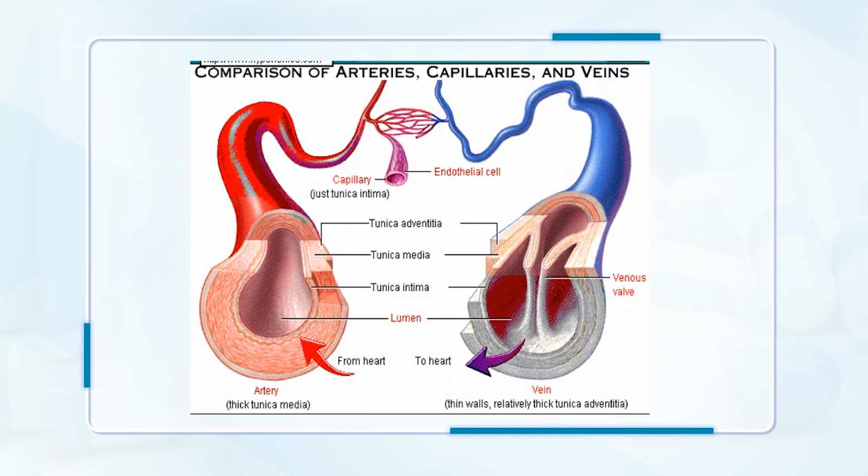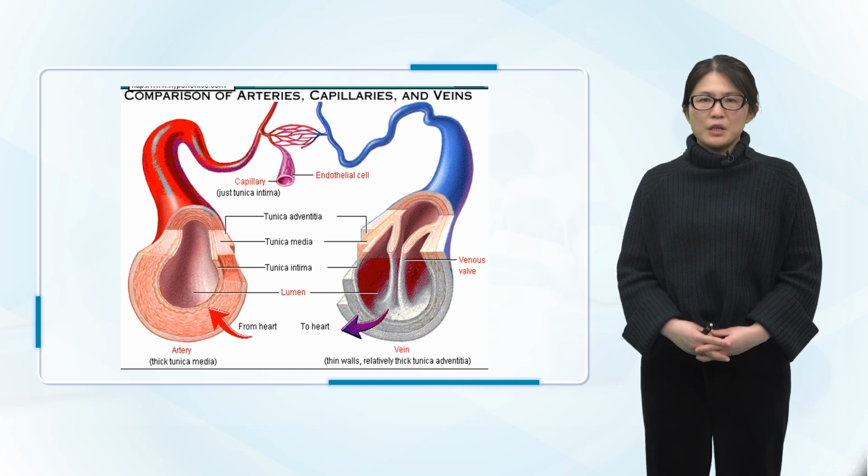The blood vessel is a continuous and relatively closed pipeline system, including arteries, capillaries, and veins, which together with the heart constitute the cardiovascular system.